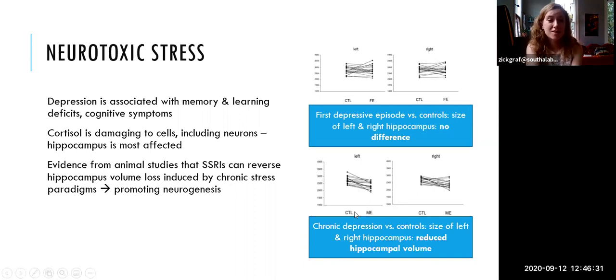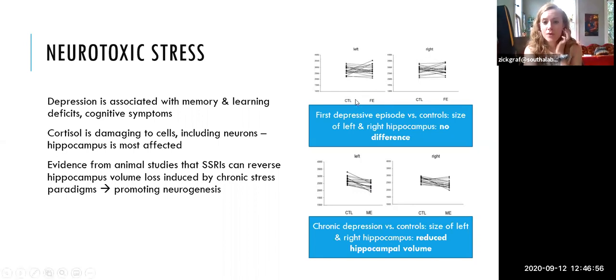And the controls are matched on things like age, gender, intelligence, all things that influence the physical size of brain structures. So when someone has chronic recurrent depression, they are likely to have a smaller hippocampus than someone the same age, the same gender, with the same level of intelligence, which is evidence that having depression causes the hippocampus to shrink.